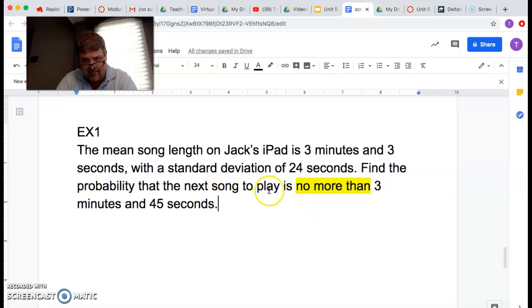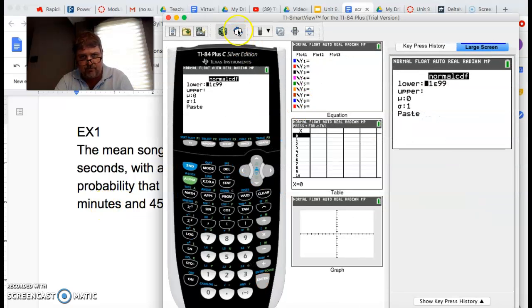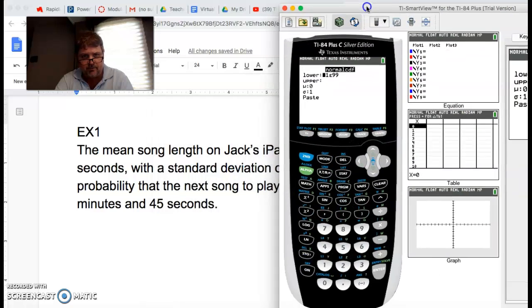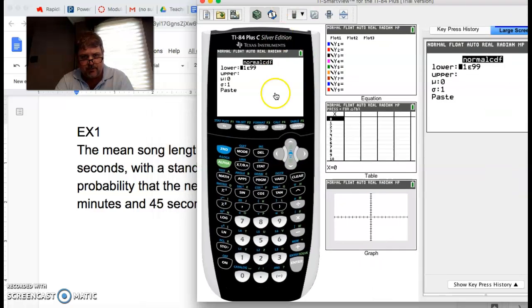We're going to go from negative infinity up to 3 minutes and 45 seconds. So there's us thinking our way through it, working out the glitches so we don't get in trouble with this darn thing. The lower bound we'll leave set, it's already good to go. Upper bound, we want no more than, what we said, was 225. And I'm staying in seconds here.